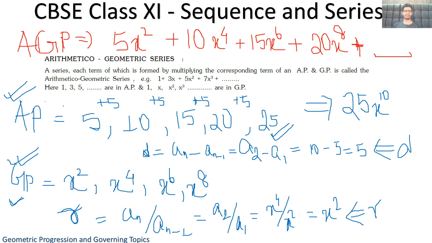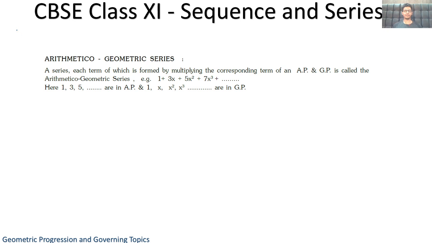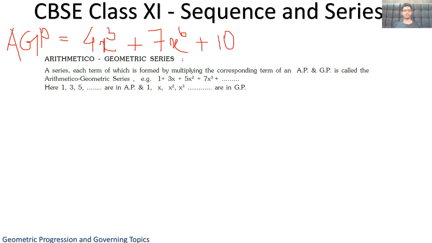Alright guys, I'll clear the screen out and then we'll be solving that question. So we have been given an AGP as 4x cube plus 7x to the power 6 plus 10x to the power 9 plus 13x to the power 12.